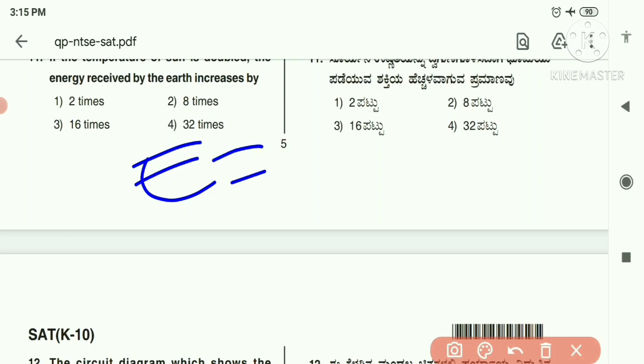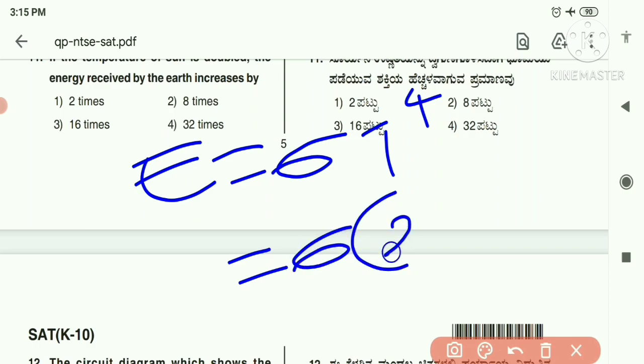E is equal to rho T raised to fourth. Okay, now it becomes doubled. It means rho into 2 raised to fourth.